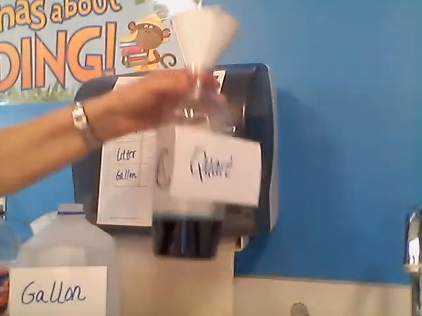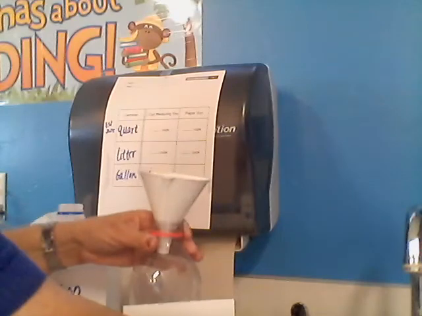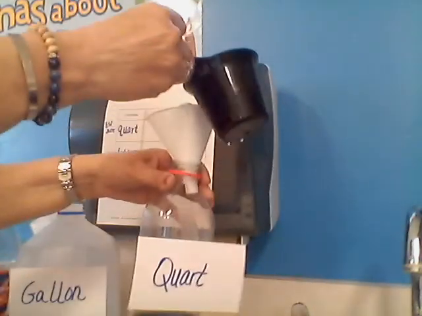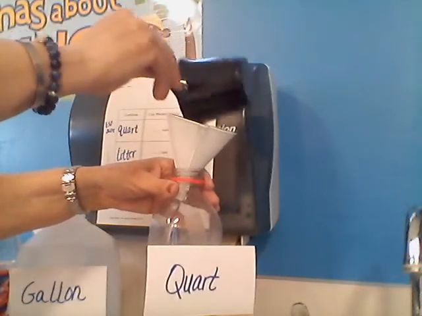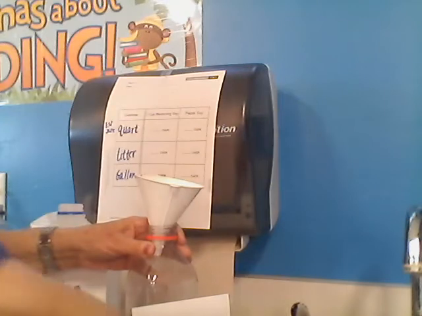Okay, so that's one. And look, our water is what color, friends? It's green. That's one. I know you love that, Reese. Here's cup number 2. Okay, make sure all the water is in there. Here's cup 3.